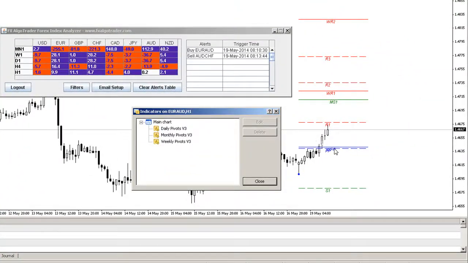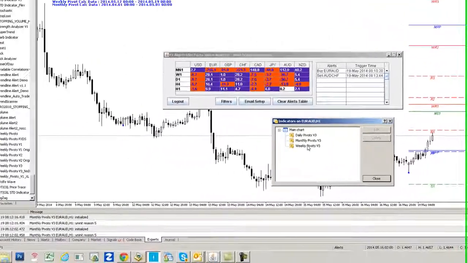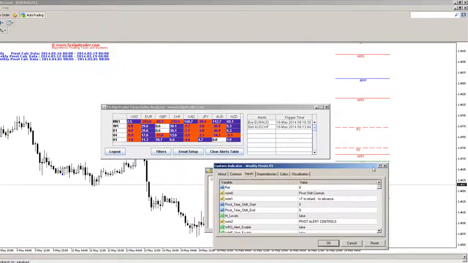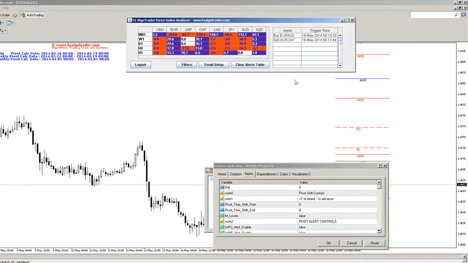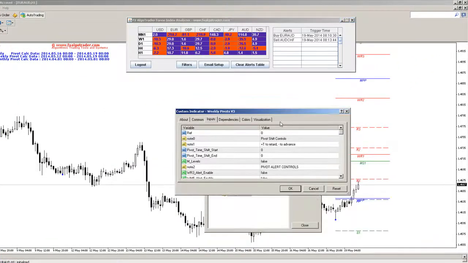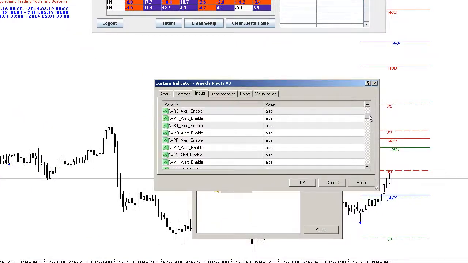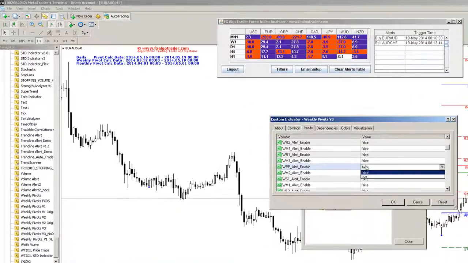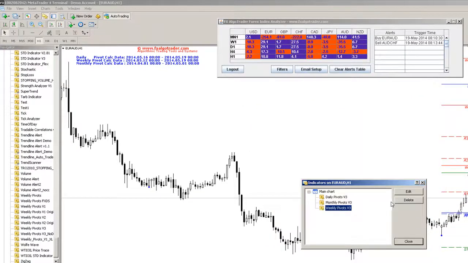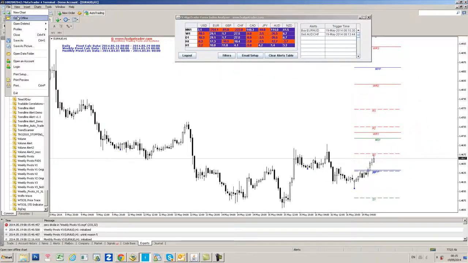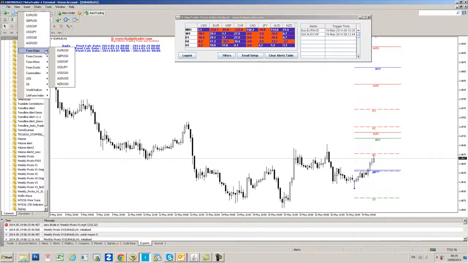So I could either set it around the weekly pivot, which is the solid line, which I think I'll do. So I'm just going to move the index analyzer out of the way slightly because it's always on top, and I just simply scroll down to the WPP alert enable, click true, and that's that chart taken care of. Now the Aussie Swiss franc, let's just have a look at that.